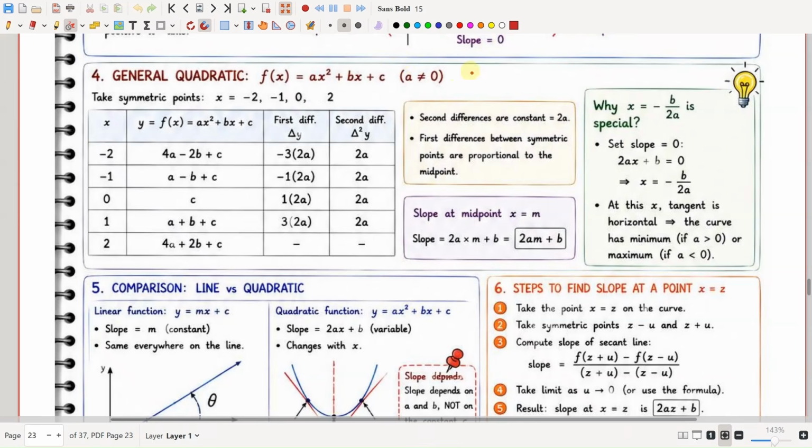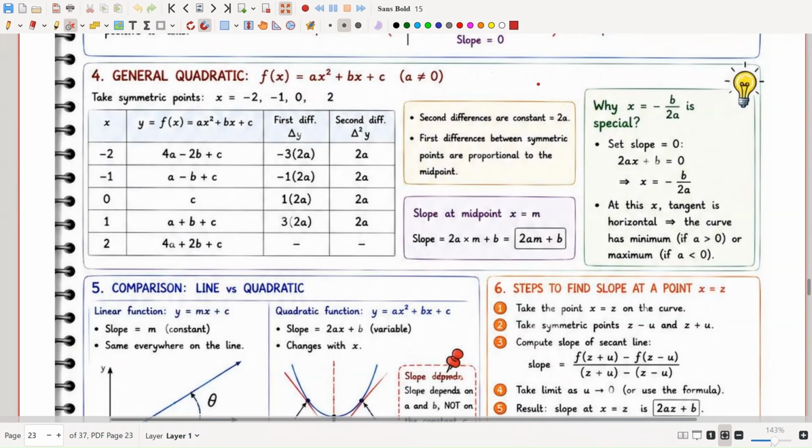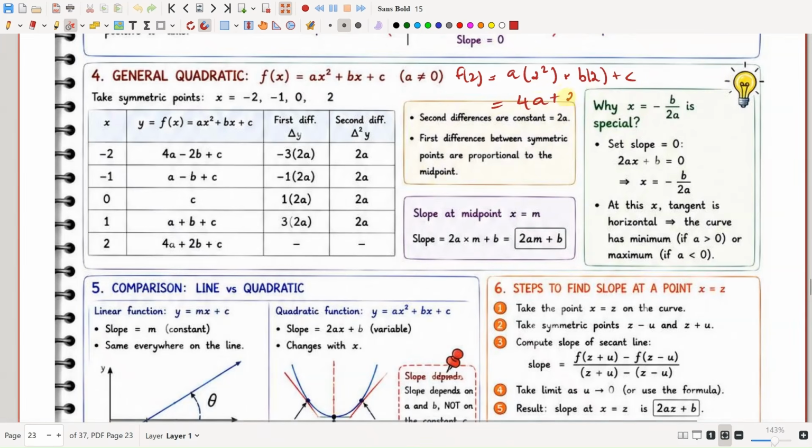So f of 1 will be a into 1 square plus b into 1 plus c, which is a plus b plus c. Now I'm going to find f of 2, which is a into 2 square plus b into 2 plus c, which is 4a plus 2b plus c. So I have found all the y, that is f of x points.